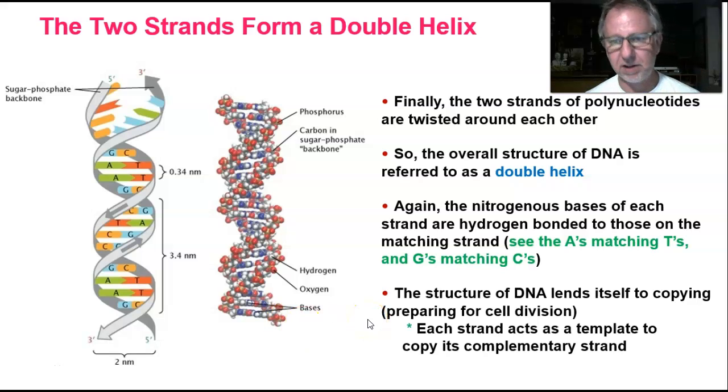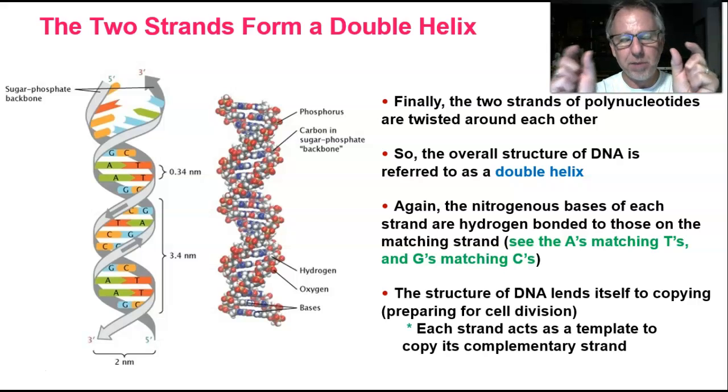Now, the final point here is that the structure of DNA lends itself to copying, to making more DNA. And this is what needs to be done when cells get ready to divide and make more cells, is that information, that library of information that has all the genes, all the recipes for making the proteins of your cells, that information has to get copied so that each new cell that comes from an original cell will get a complete set of information, will get a complete copy of DNA.